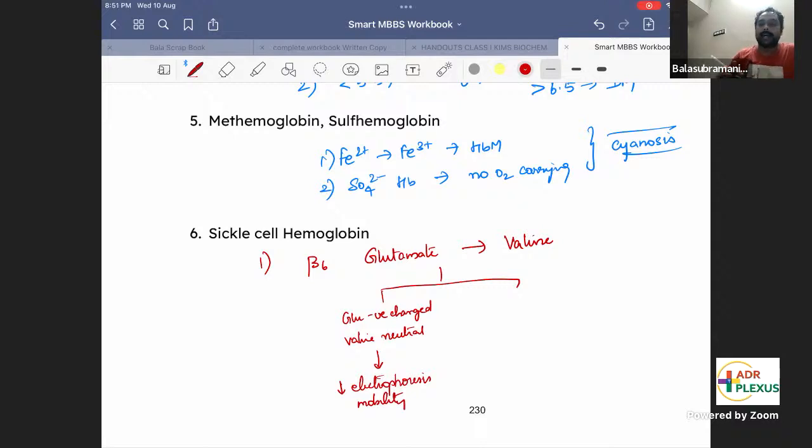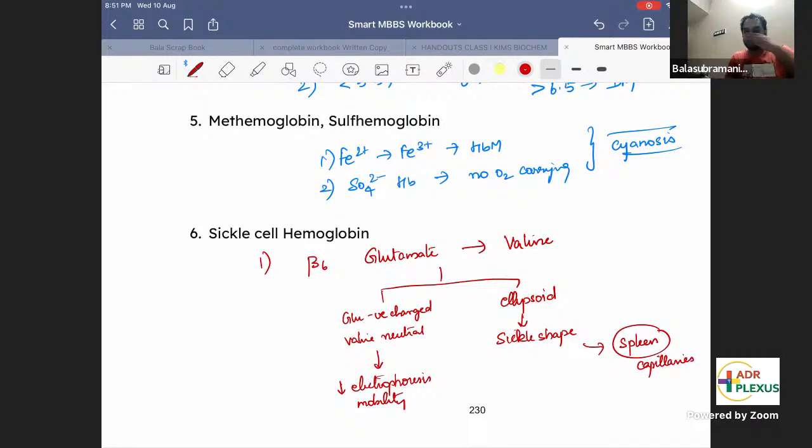What happens to the physiological property? The RBCs are normally discoid in shape. Now, because of this mutation, they will be converted into a sickle shape. RBCs will usually go into the spleen and be destroyed in the splenic capillaries.